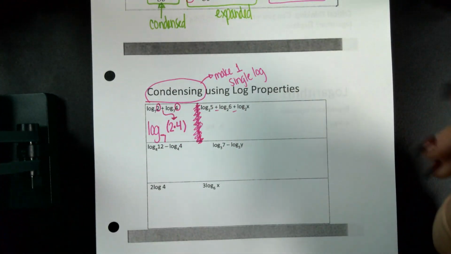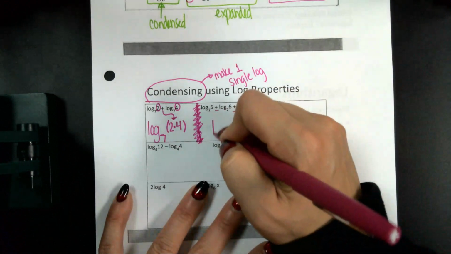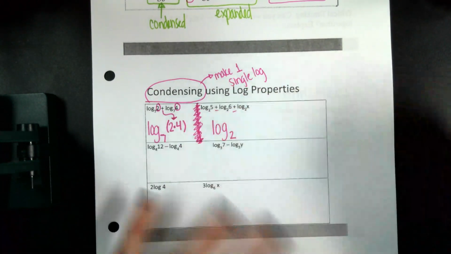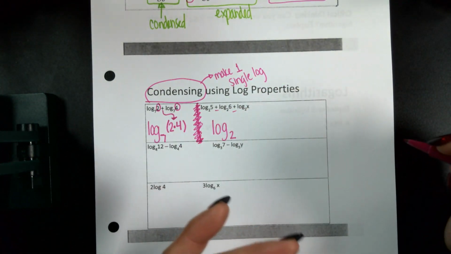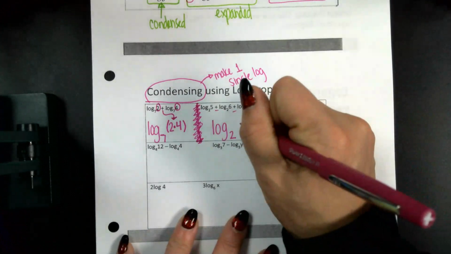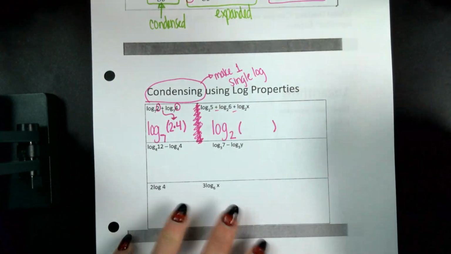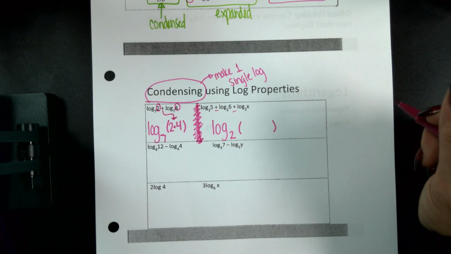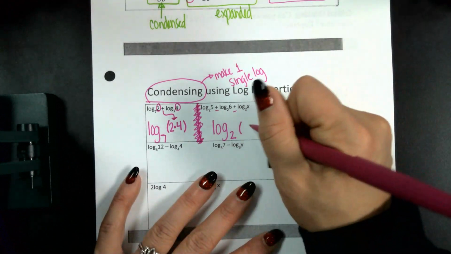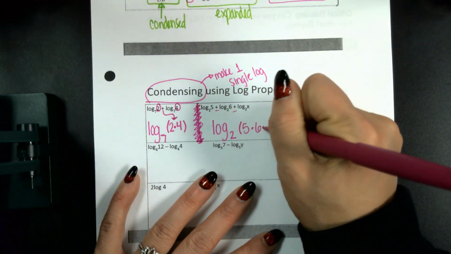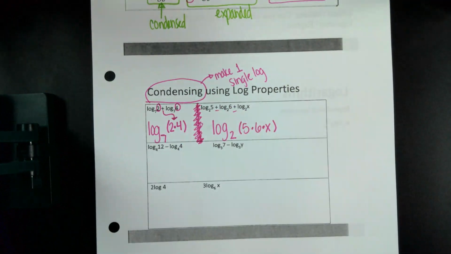So now there are 3 single logs, but we're still going to condense it down to just 1 log. So I write the word log, I keep the base the same, and then in parentheses, what 3 things do we multiply together? 5 times 6 times x.